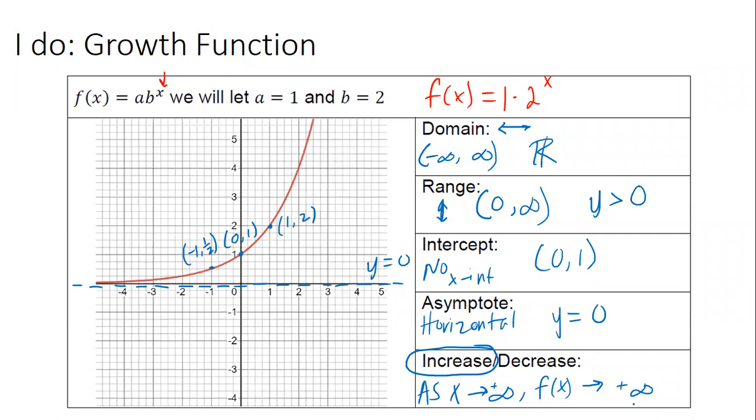That's what it means. As my x values increase, my y values increase. Because of this, when you're looking for a max and minimum, it's always going to be the endpoints, depending on where you're at.